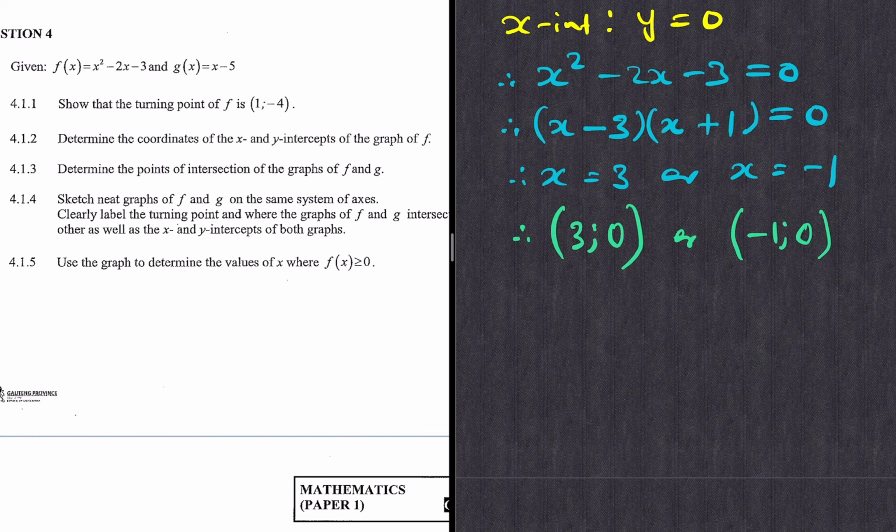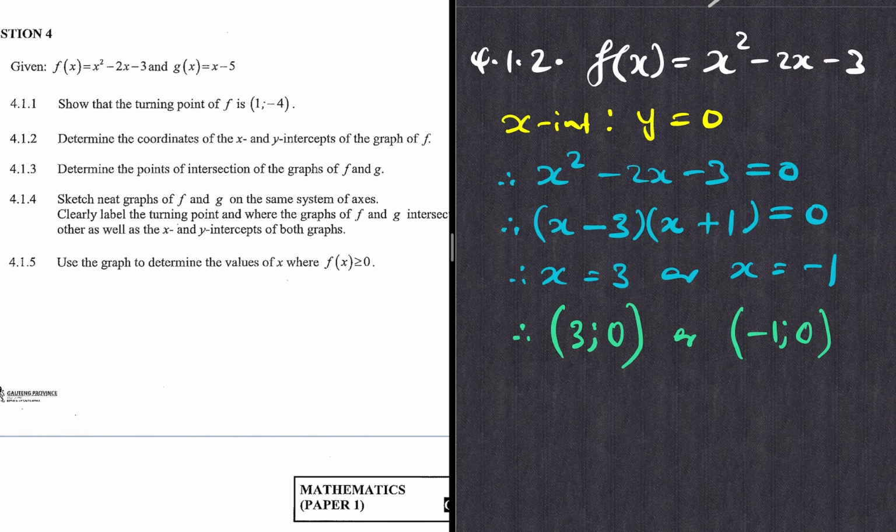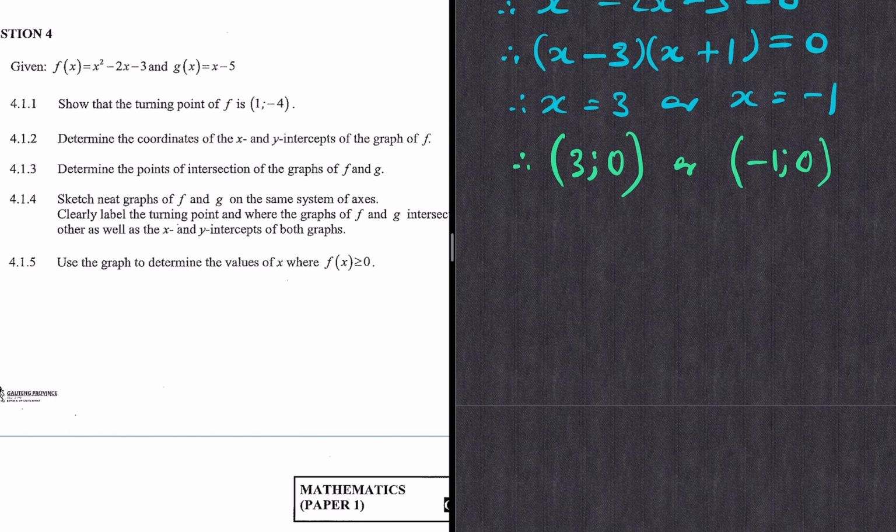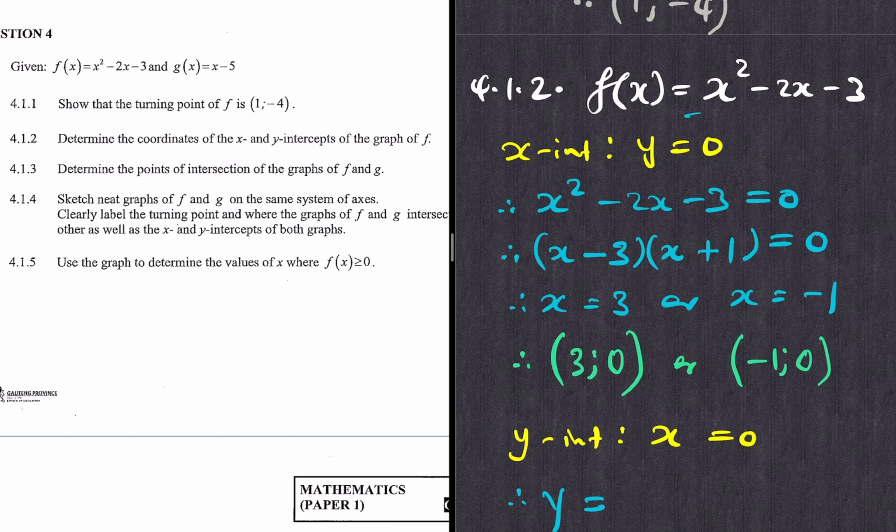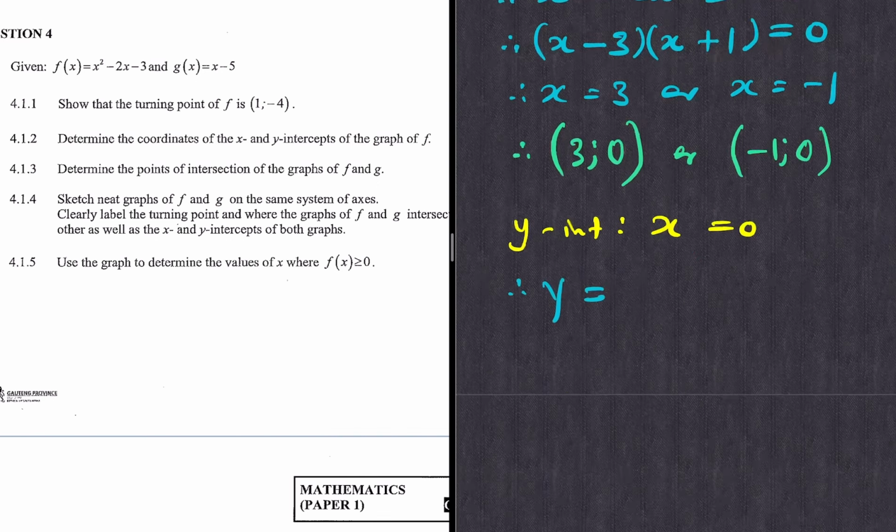Okay, so they want the y-intercept as well. I'm going to say that the y-intercept is basically where the graph is going to intersect with the y-axis. And I'm going to say, well, x here is 0. Let's do that quickly. I'm going to have y equals, in this polynomial, wherever there is x, I'm going to put 0 because x is 0.